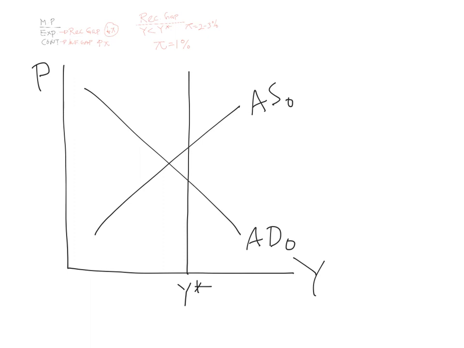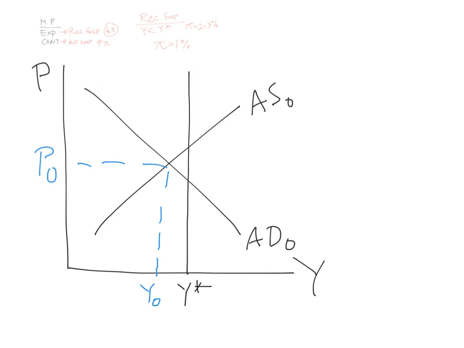So the economy would be at Y0, price level P0, right? So we're looking at a situation where the economy is not doing as well as it could be, and the price level happens to be P0, which is not the price level that the Reserve Bank wants it to be because the rate of inflation is too low.